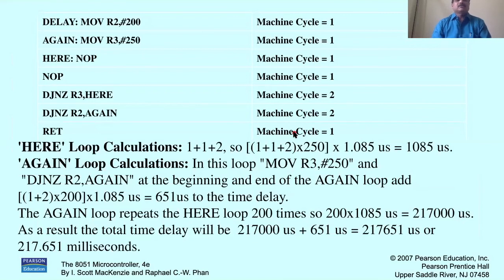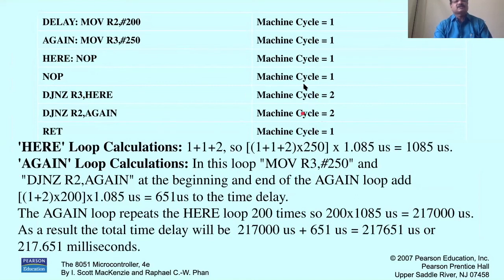To understand how to insert more delay, you can use the nested loops that are shown here. You can see 2 registers are used to load the count, and there are 2 loops. One is the here loop and next is the again loop. Again, write the number of machine cycles required for each instruction. DJNZ requires 2 machine cycles.